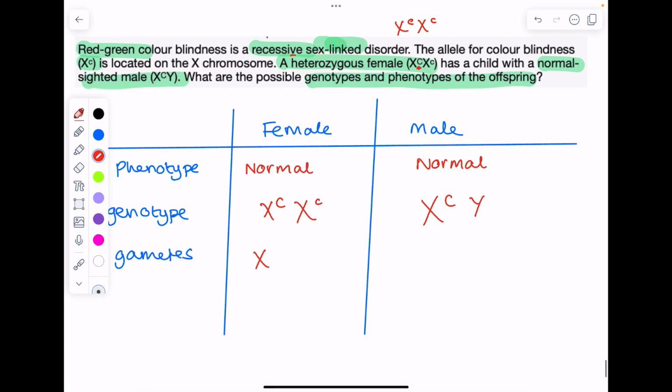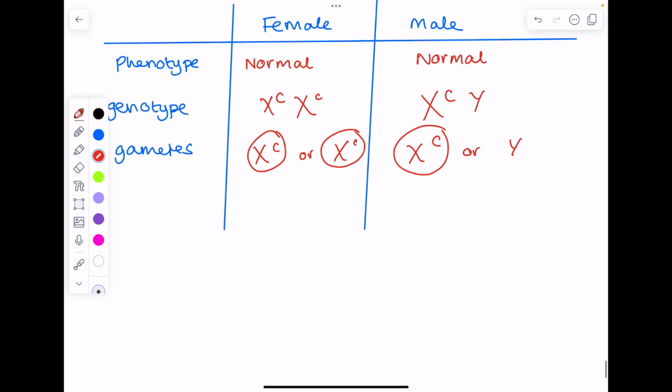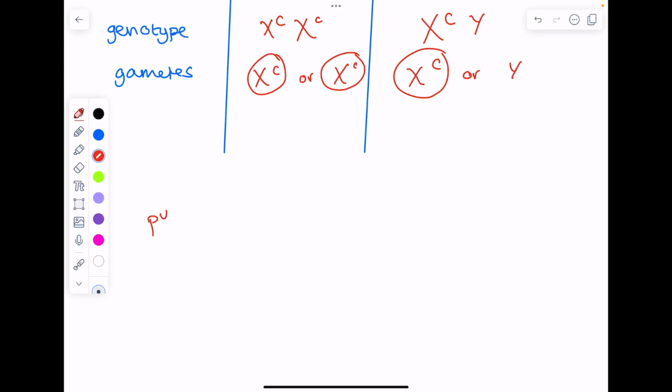What are the gametes? So we'll just separate those nice and carefully. Now we can draw a Punnett square.